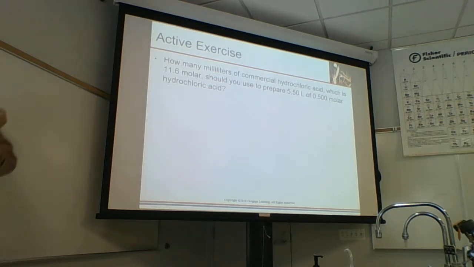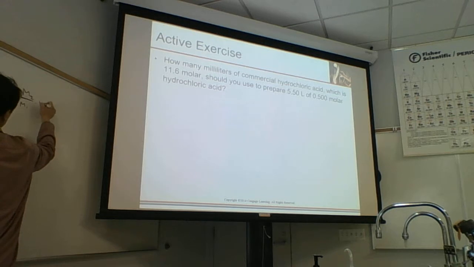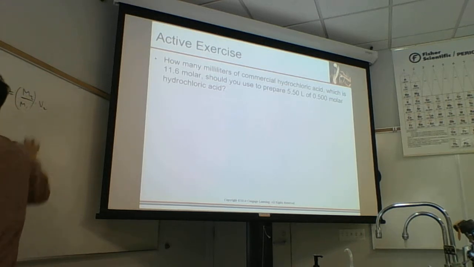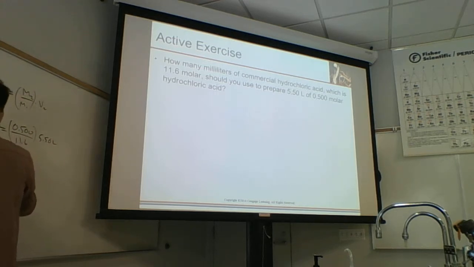And so I'm going to solve for V1. If I solve the solution dilution equation for V1, V1 is equal to M2 over M1 times V2. So I have the factor there. So the molarity of the dilute is 0.500 divided by the molarity of the concentrated, 11.6. So this is the molarity fraction, and the volume is 5.50 liters. So what fraction of this volume is going to be the concentrated stuff?